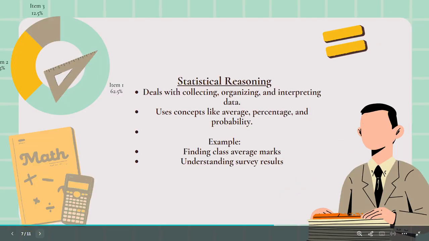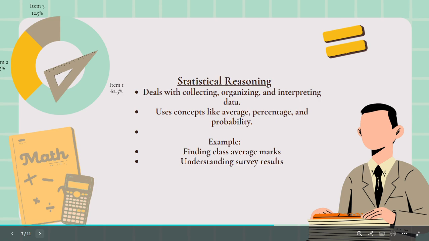Next, we'll be moving on with statistical reasoning. Now, yeah, it is a little bit complicated kind of thing, like it's not something we can read out from the name itself. Statistical reasoning deals with collecting, organizing, and interpreting data. So it involves three processes.